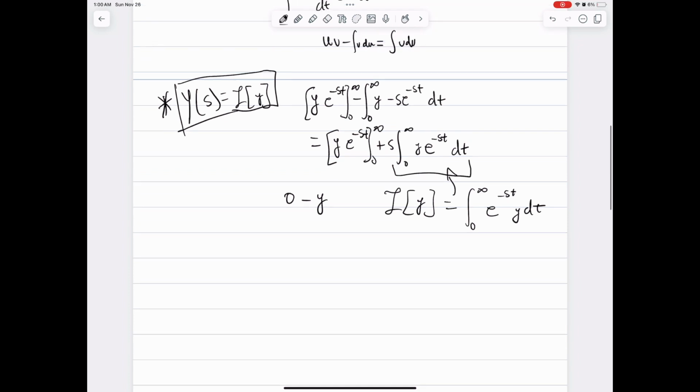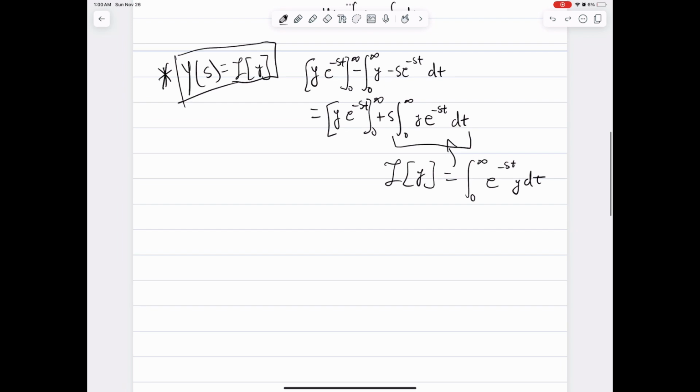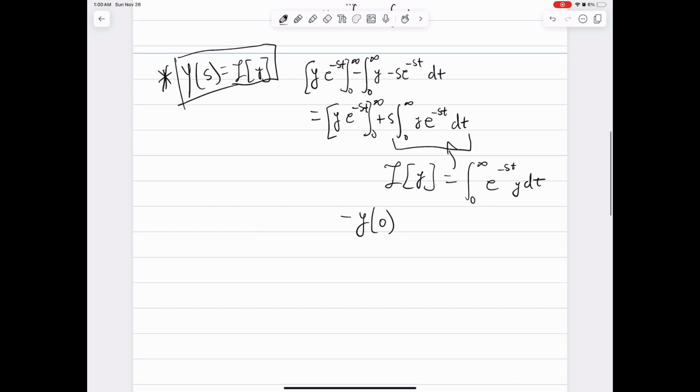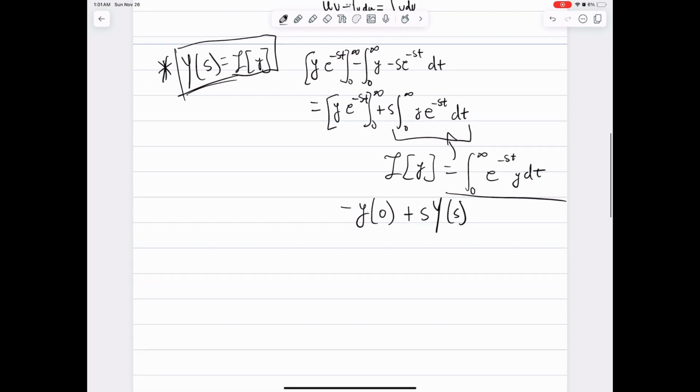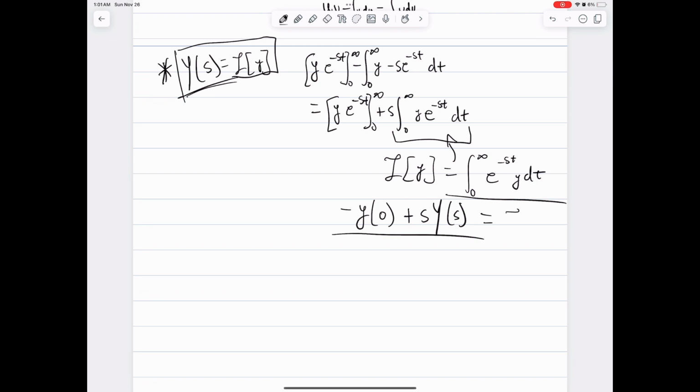So you would get negative y, and that's at 0 because we plugged in a 0 for t. So y naught, plus s times, we said this entire guy right here was just the capital Y of s, the Laplace transform of y. So that's our Laplace transform of dy dt completed.